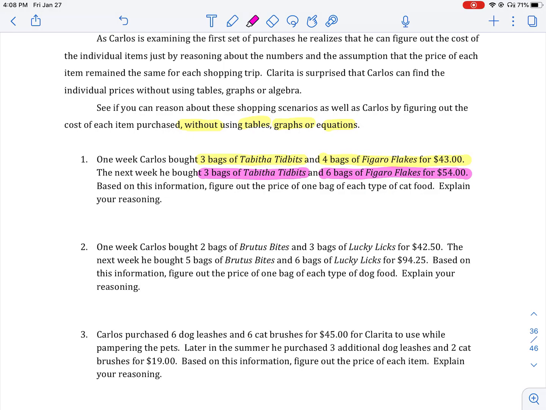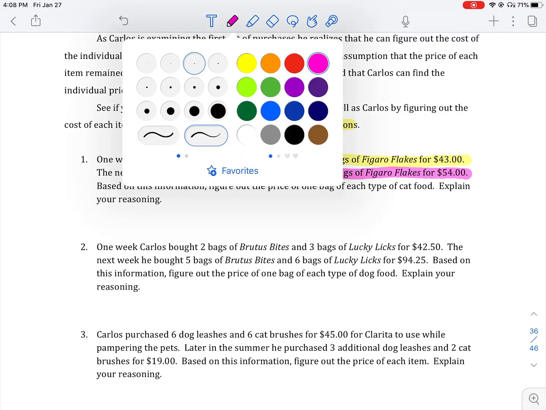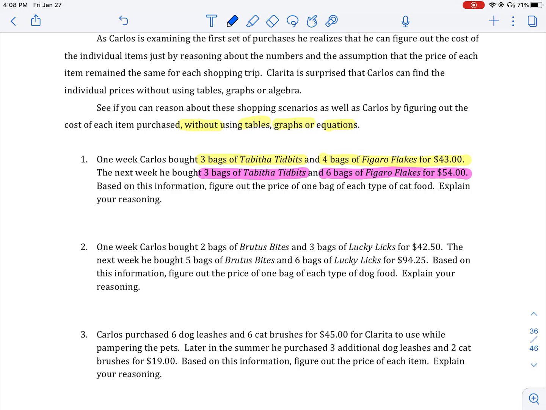As you're thinking about this, I'm just going to draw a picture of it. I'm going to use this light blue for the Tabitha Tidbits. I got 3 bags of it in week 1, and then I have 3 bags of it in week 2.